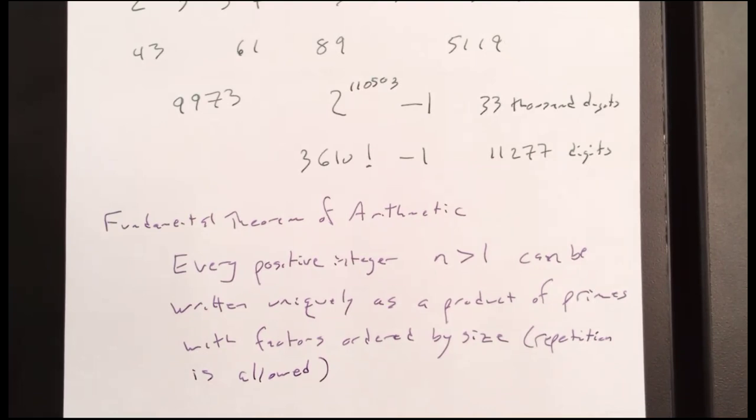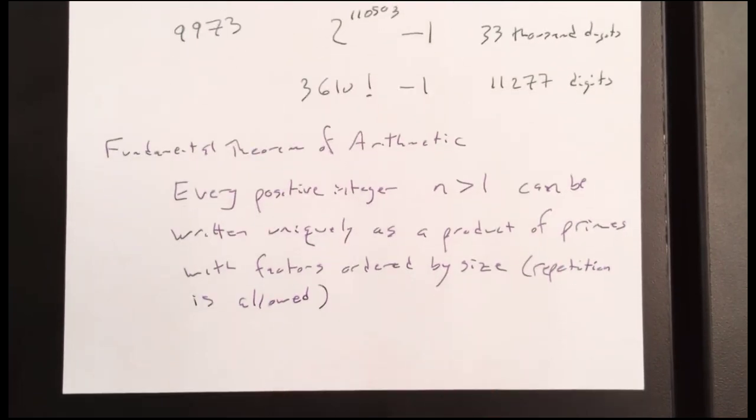The reason I don't want to use 1 as a prime number is this result, the fundamental theorem of arithmetic, which says that every integer bigger than 1 can be written uniquely as a product of primes, with factors ordered by size, allowing for repetition.